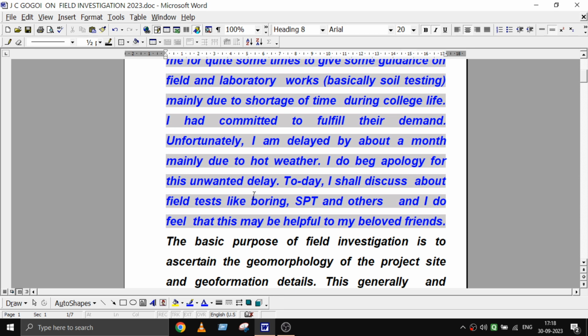Another part is laboratory analysis and testing, which has some guidelines in IS 2720 with various different parts. And another part is interpretation of test results.